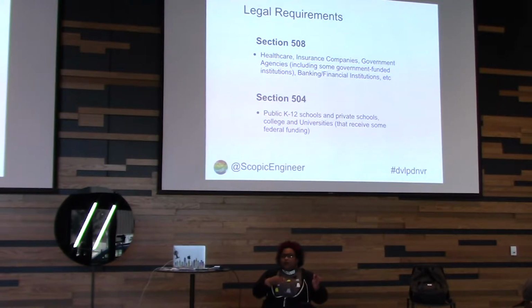And one of the things they're arguing is that there are no laws on the books that cover web accessibility, which is not true. Section 508 and Section 504 of the Rehabilitation Act of 1973, which is a precursor to the Americans with Disabilities Act, cover that.